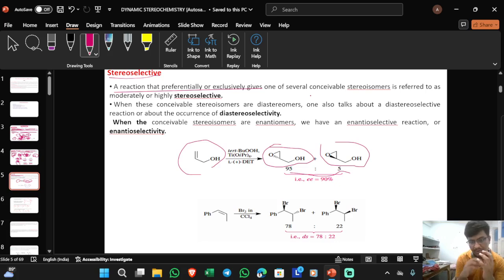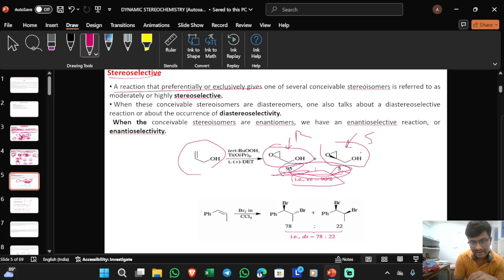For example, A compound and B compound are 95 and 5. The 95 is the A compound and the 5 is the B compound. In a racemic mixture, 5% and 5% cancel out, so the excess is 90% of the compound. For example, this is the R compound and this is the S compound.